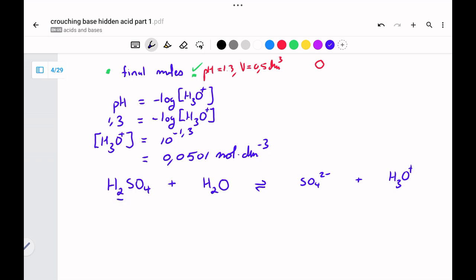We have 2 acidic hydrogens, so we need 2 water molecules and we'll form 2 hydronium ions. This is a feature of all diprotic acids. So we can write the following. It is 2 to 1.